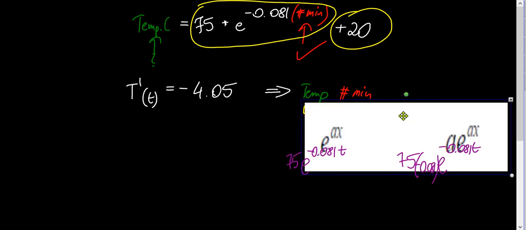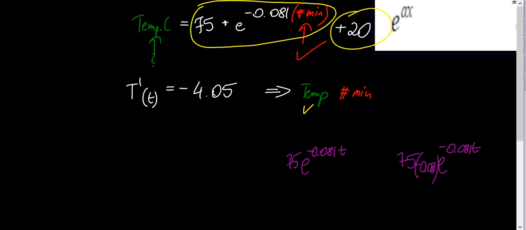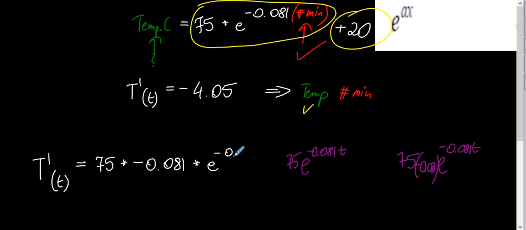That's the way we're going to change that. So our derivative, T prime of t, will equal 75 multiplied by minus 0.081 multiplied by e to the power of minus 0.081t.